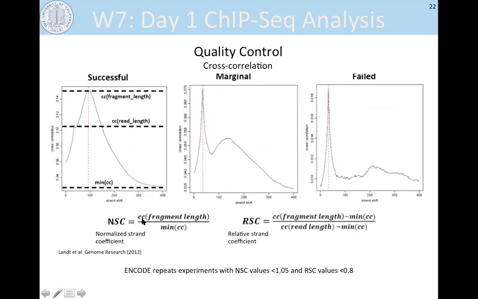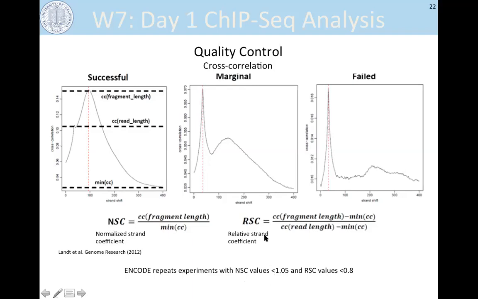This is the cross-correlation value at the fragment length, the ChIP-seq fragment length, again where the cross-correlation is at the highest value as you shift the reads from one strand towards the other, divided by the minimum cross-correlation value. That gives you an NSC, a normalized strand coefficient. To pass ENCODE standards, that value has to be greater than 1.05.